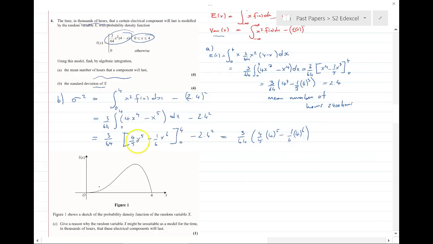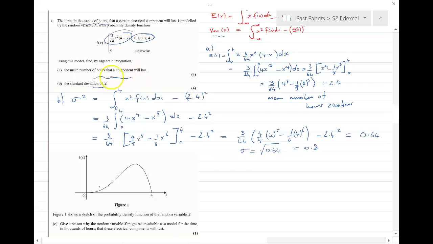The zero limit will come to 0. Take away 2.4 squared. And that equals 0.64, but the standard deviation is the square root of that. So that's 0.8. Okay, so fairly standard marks to be gained there.